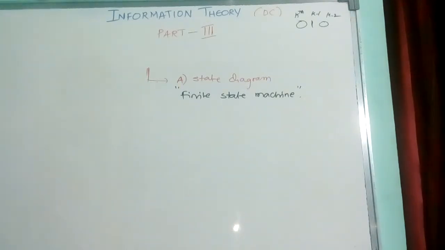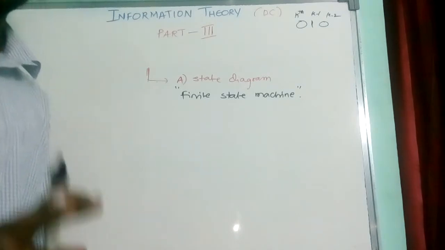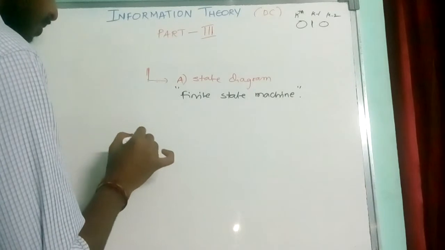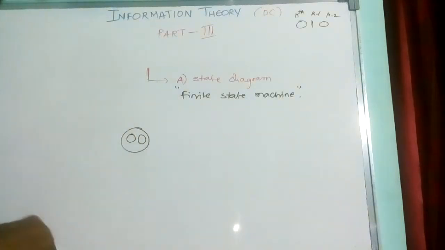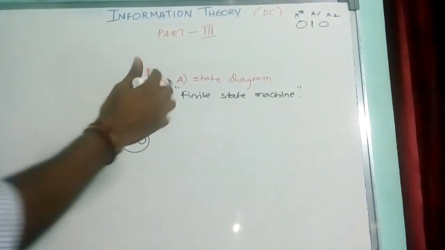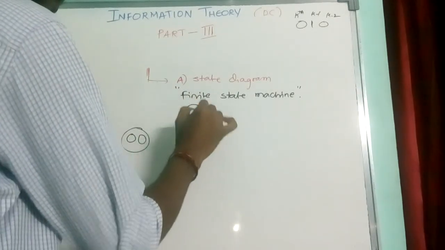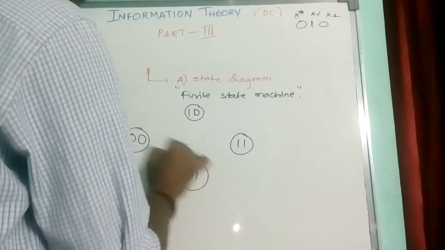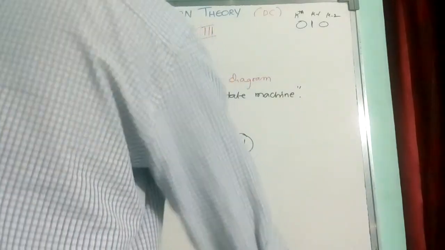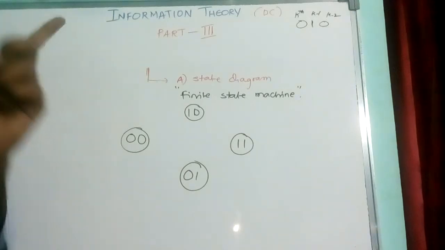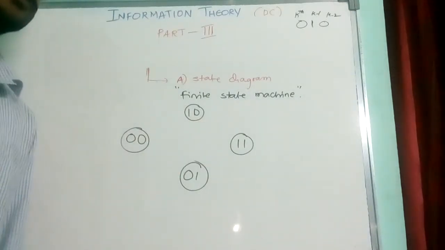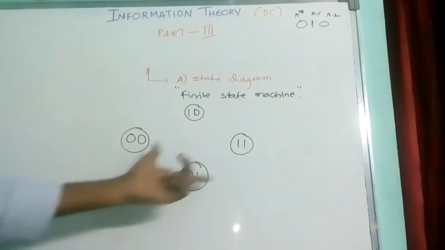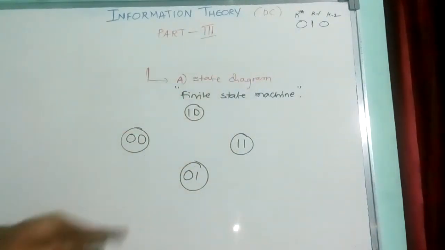Now this state machine has 4 different states. I'll start with the 00 state, and similarly we have the other states 10, 11 and 01. We know that it is 1 bit input and 2 bit output, so my input may be 0 or 1, which gives 2 cases, and my output has 4 cases depending on the input.